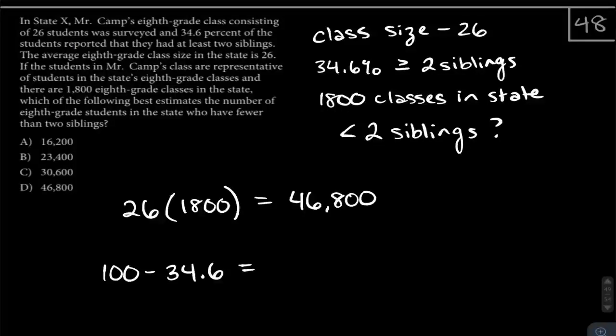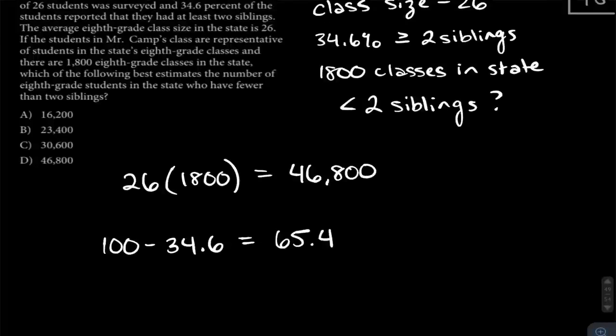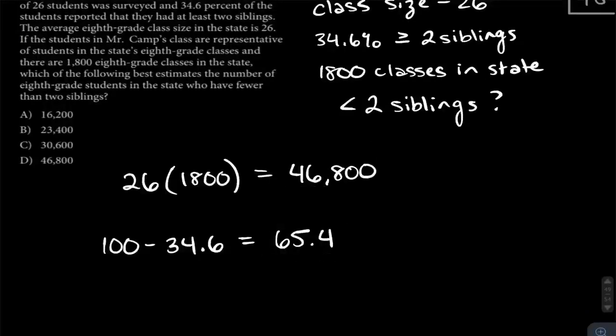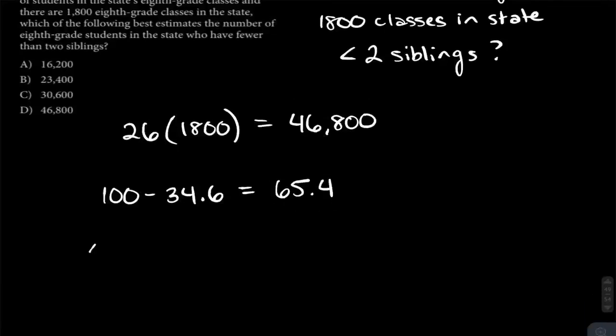If you do 100 minus 34.6 in your calculator, you get 65.4, and you could maybe do that in your head. So 65.4% of this 46,800 has less than 2 siblings. Let's multiply that together and see what that ends up being.